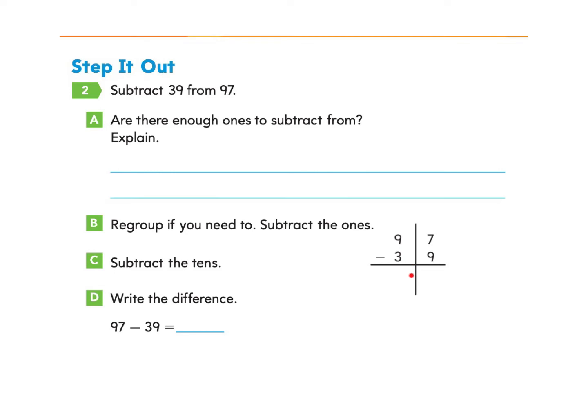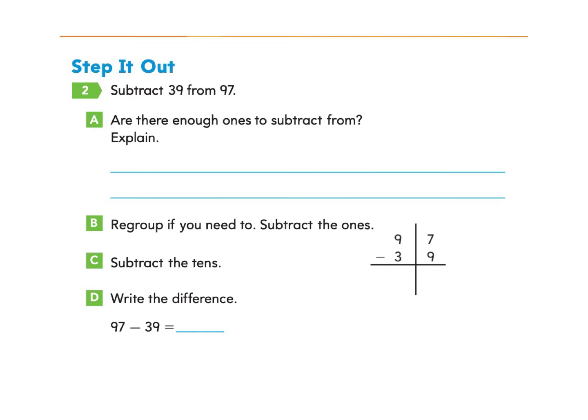And they've even drawn the line where we can see the ones column here and the tens column here. So, are there enough ones to subtract from? We have a 7 and a 9. So, I want you to think for a second, can we take 9 away from 7? Is that possible? No, that is not possible.